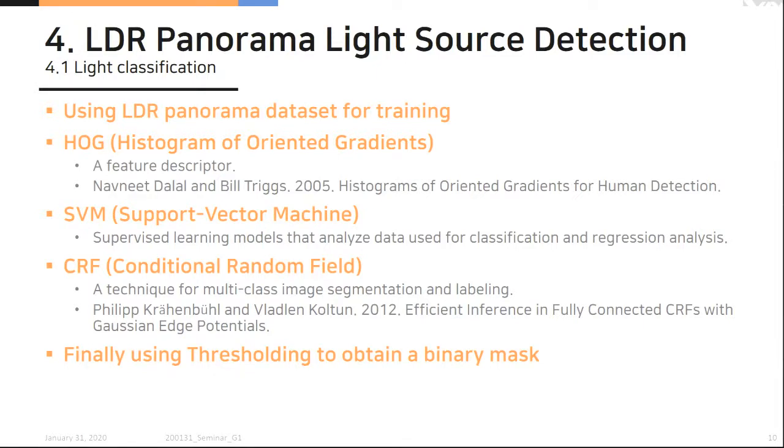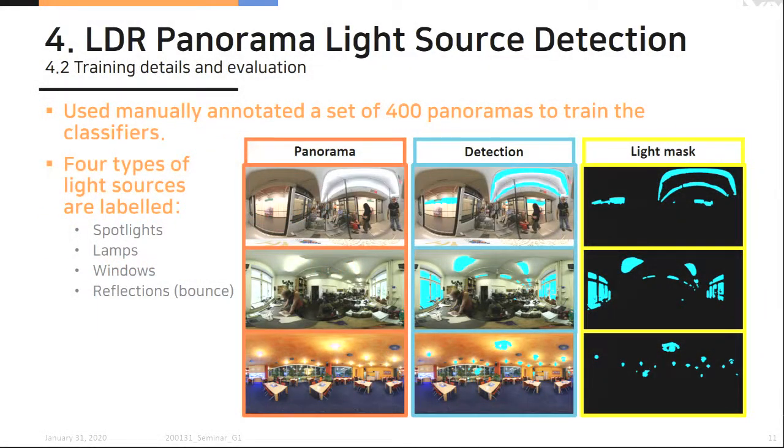Also, finally, using thresholding to obtain a binary mask. Using light classification, they estimated light, only to get a light mask.